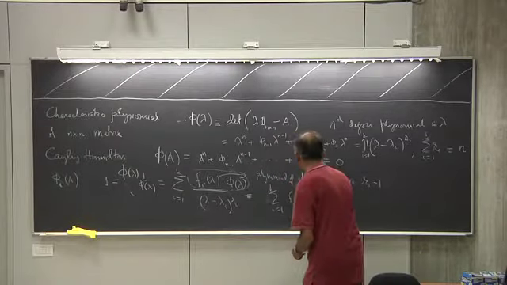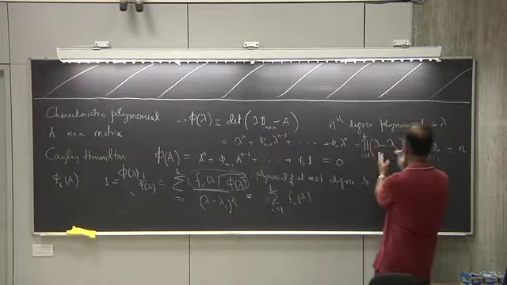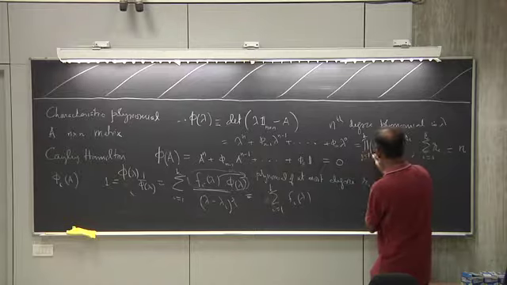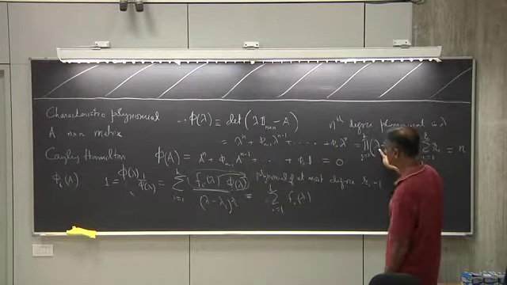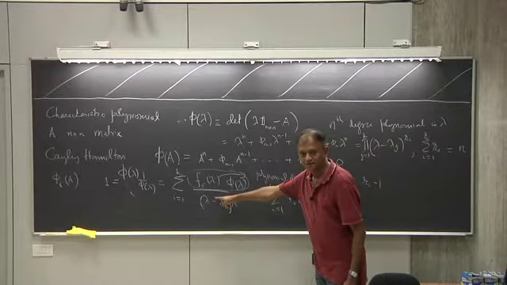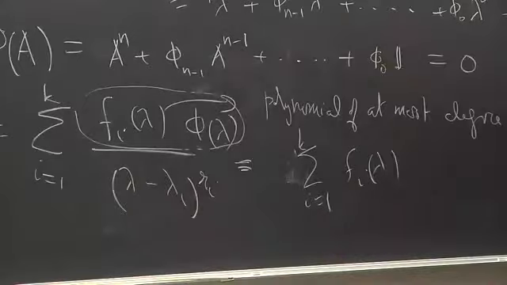f_i lambda. And you see, when you multiply this, what's going to happen? I mean, this is a product of all of this, right? Let me put here j, just to distinguish between this i and j. So you are multiplying this whole thing to that. So what is going to happen? This denominator will cancel exactly the ith term here, right?